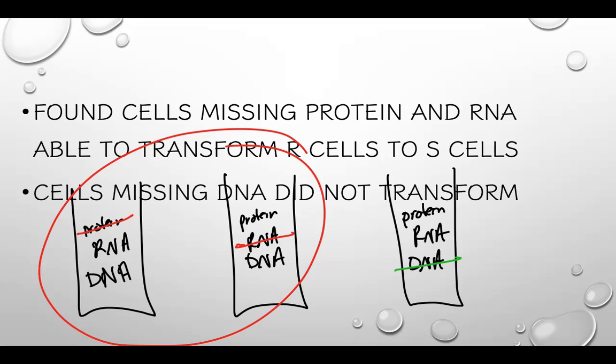And for that one, the cells that were missing DNA did not transform. So the R cells stayed R cells. They did not cause pneumonia. So this experiment by itself should have convinced the scientific community that DNA was in fact the genetic or hereditary material that was transforming.